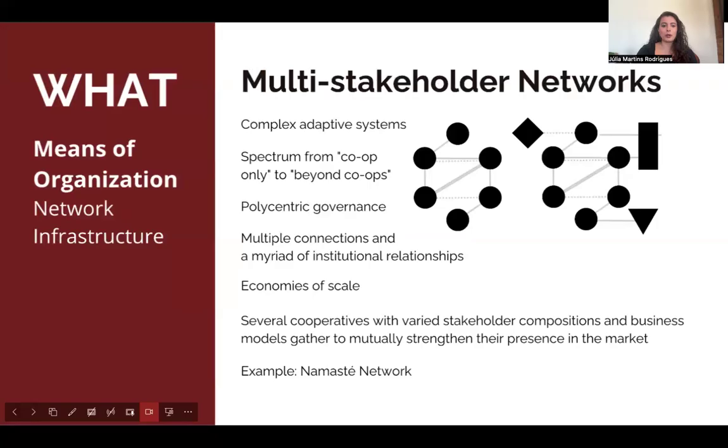And lastly, a multi-stakeholder network forms when different co-ops, each with unique members and business models, come together to strengthen their presence in the market and achieve economies of scale. They do this through shared values and collaborative governance while still keeping their independence.